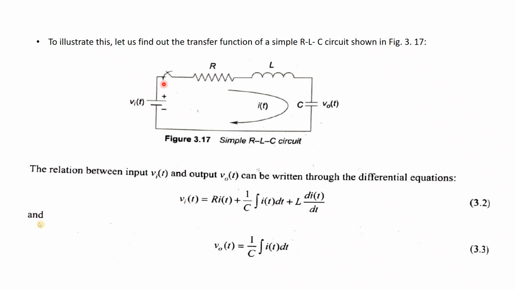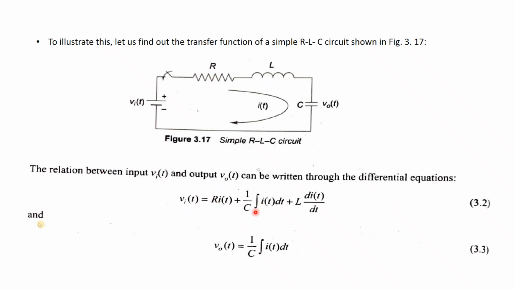Okay, now for Vi, if you apply the KVL, Kirchhoff's voltage law, this voltage is equal to the voltage across resistance plus the voltage across inductance plus the voltage across capacitance. Now all of you have already studied this, all of you are familiar with this equation since you have already studied this part in circuit theory.